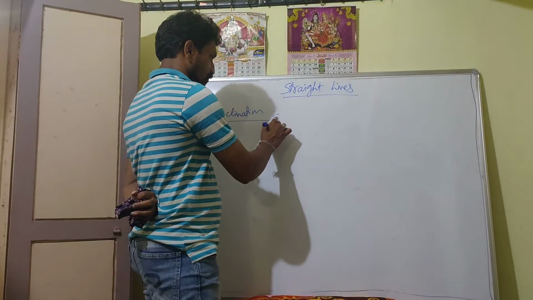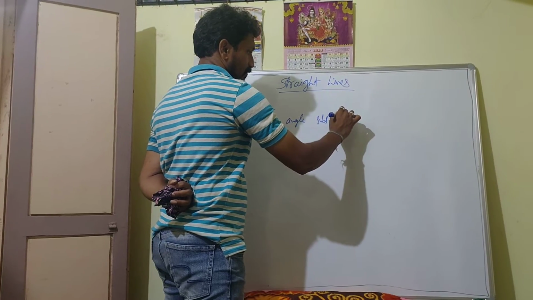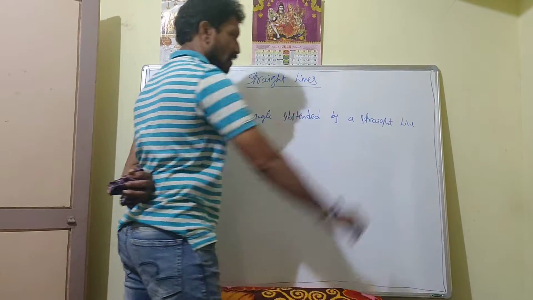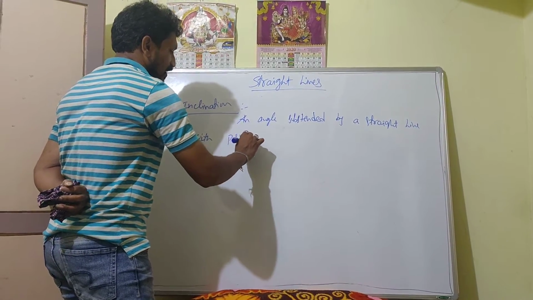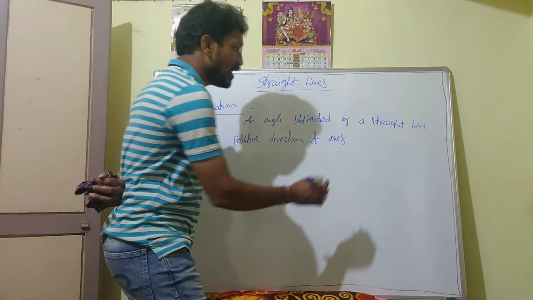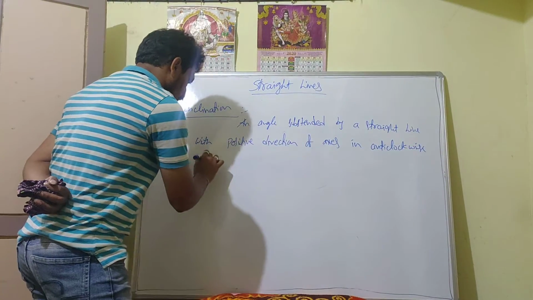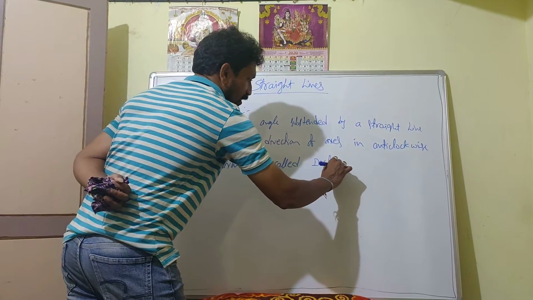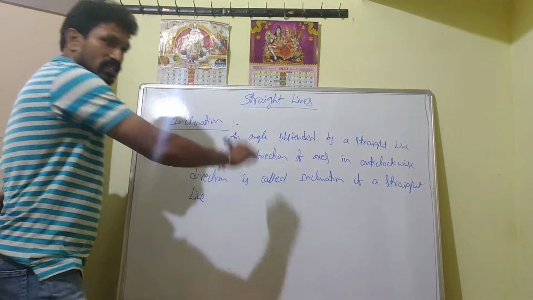The angle subtended by a straight line with the positive direction of the x-axis, in the anti-clockwise direction, is called the inclination of a straight line.